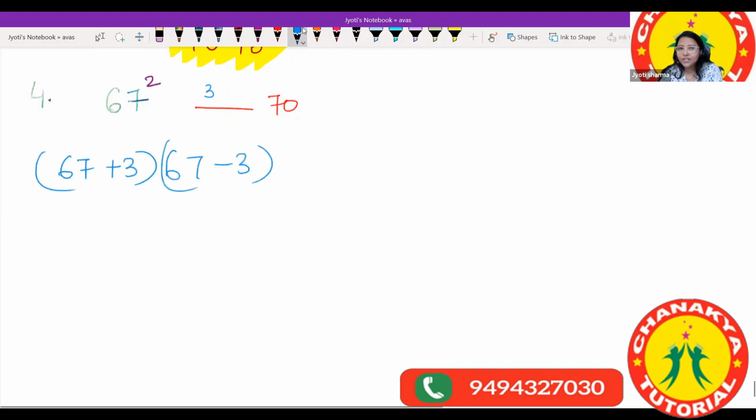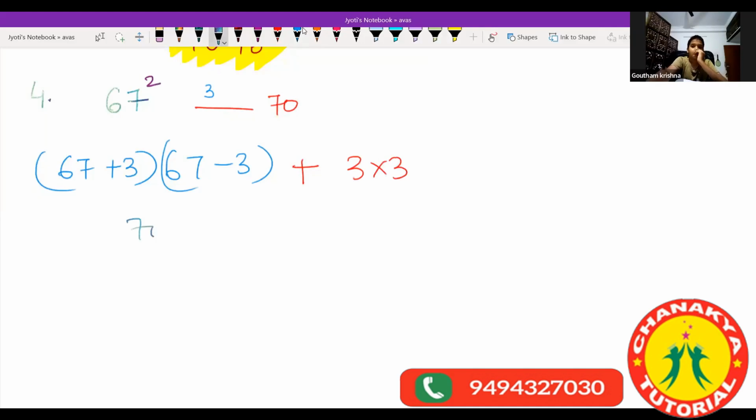Whatever the difference is, you add one time and subtract one time in your original number, plus you take the square of the difference only. The difference is 3, so you will do 3 into 3. That you can do in your mind. So you will get 70 into 64 plus 9.